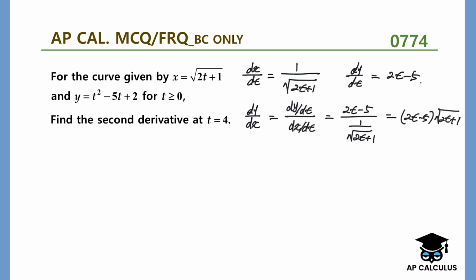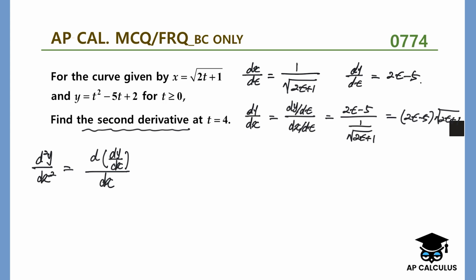And now we're trying to find the second derivative at t equal to 4, right? The second derivative is given by the derivative of the first derivative with respect to x, right? But as you see, our first derivative is in terms of t, right? So we're gonna differentiate our first derivative with respect to t, and also differentiate x with respect to t.